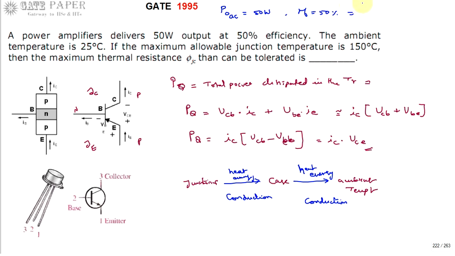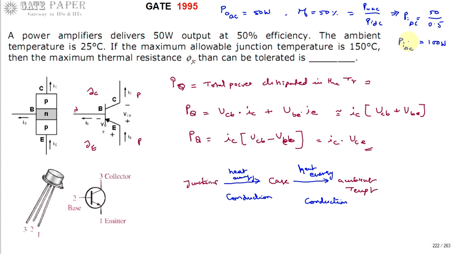We know the efficiency is output AC power divided by input DC power, P0 AC / Pi DC. So the total input DC power supplied is P0 AC by efficiency, 50 divided by 0.5, which is 100 watts. So the total input DC power is 100 watts.